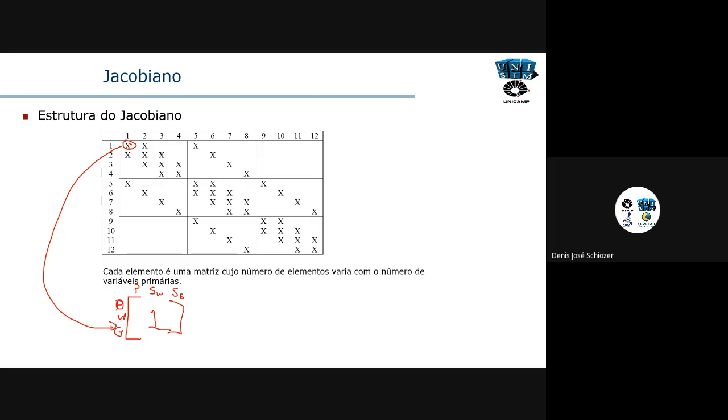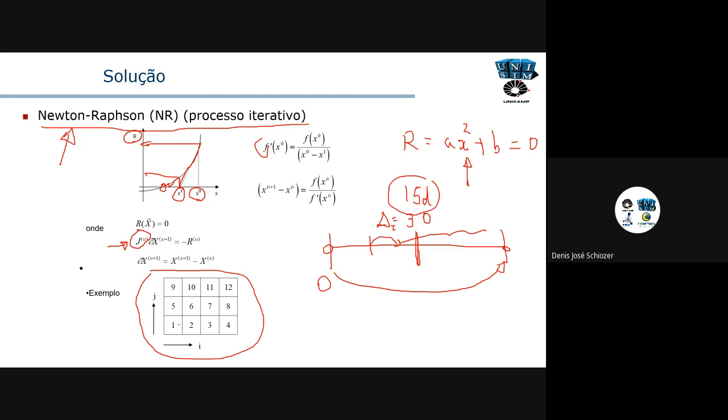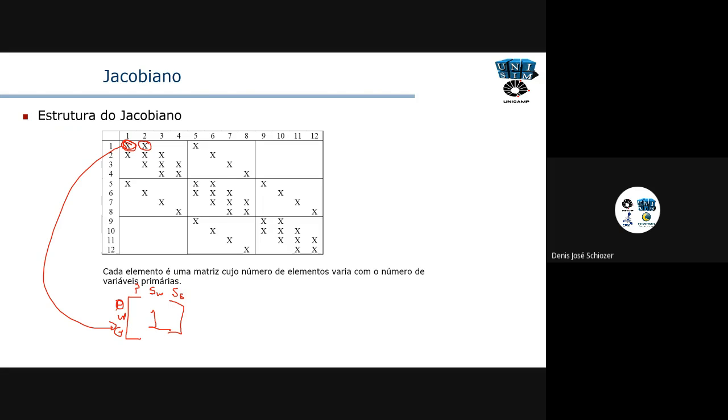Because all the variables of block 1 are important for the mass balance equation of the phases in block 1, I have terms here. Because block 2 is a neighbor of block 1, as we have seen, the variables of block 2 are also important when I'm solving the equations for block 1.